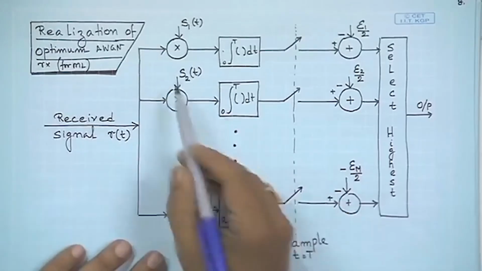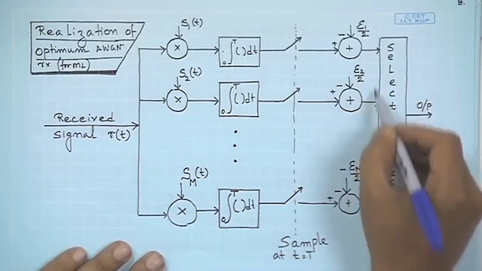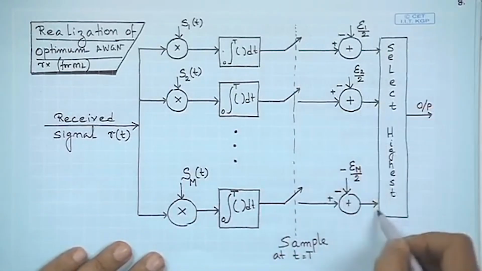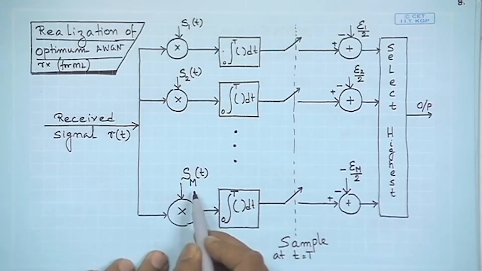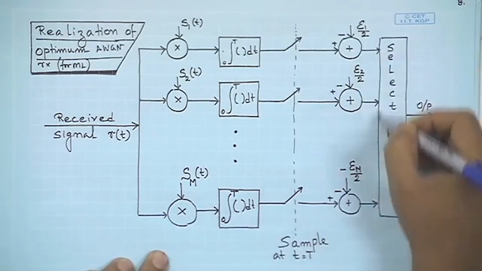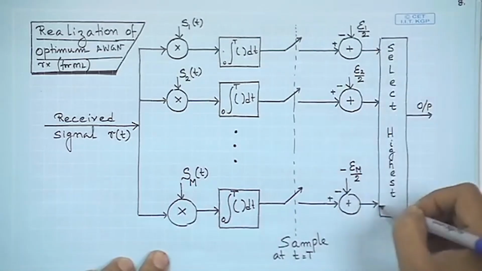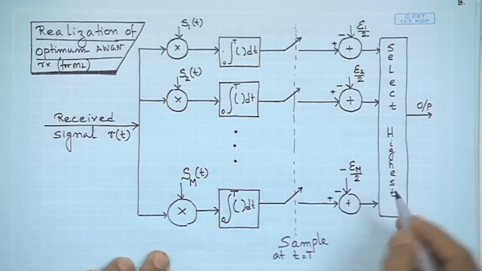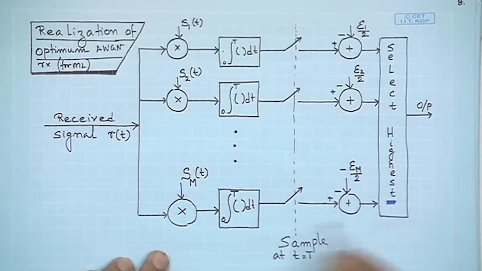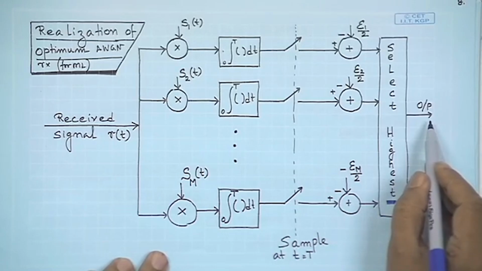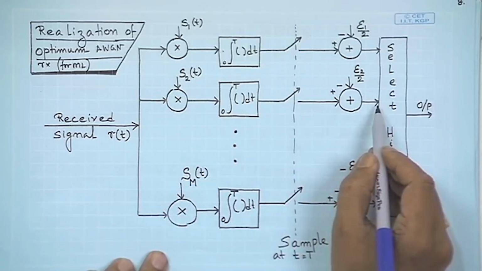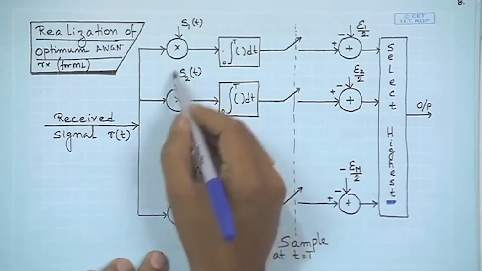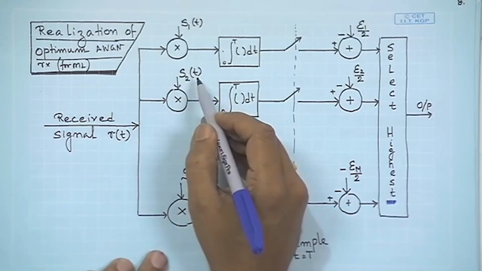When you read it in the integral form, what you have are the different outcomes of the correlation of the received signal with the different possible waveforms, and then I would select that particular outcome which is the maximum. So, if this branch produces the maximum output, my selection would be that signal S2 was sent.